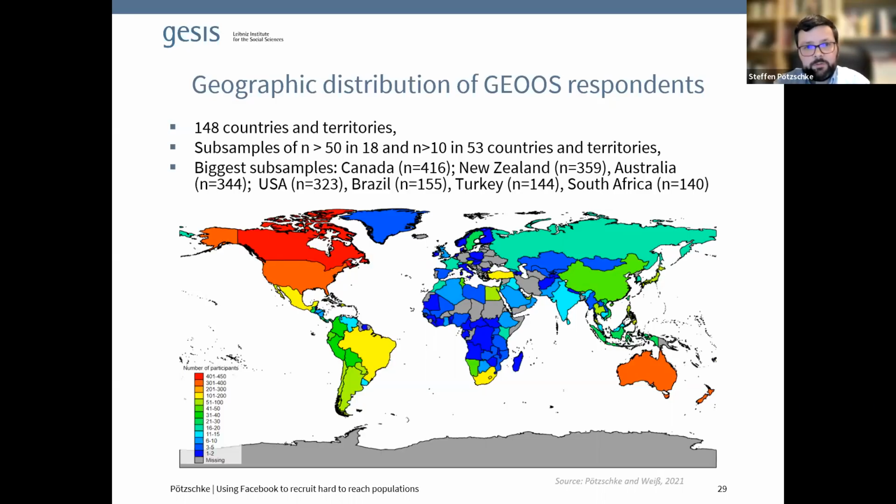Still, we have subsamples of more than 50 respondents in 18 and more than 10 respondents in 53 countries. And we have subsamples of considerable size in a number of countries, between 416 and 140 respondents, in the countries I just put on this slide here.